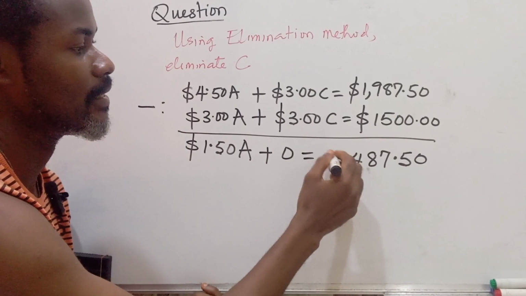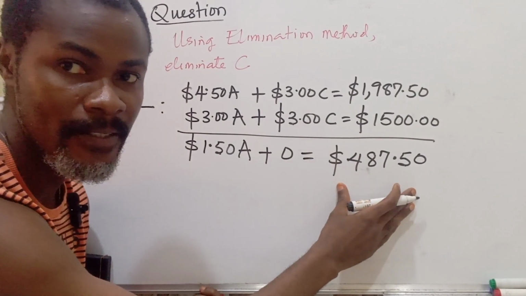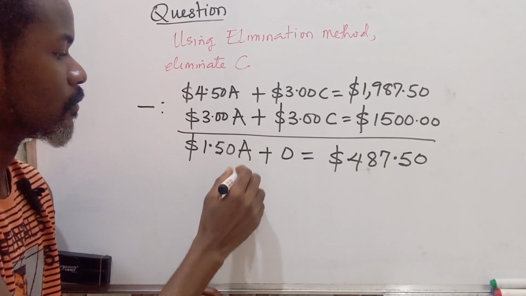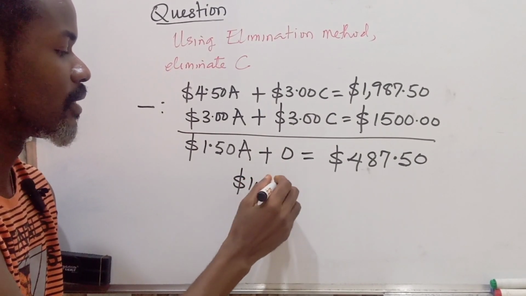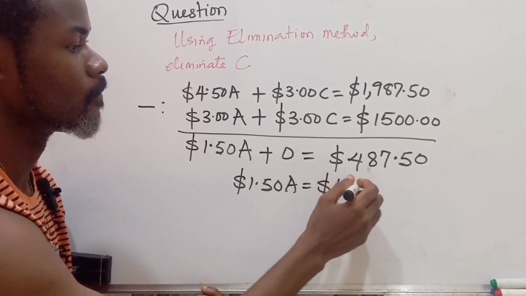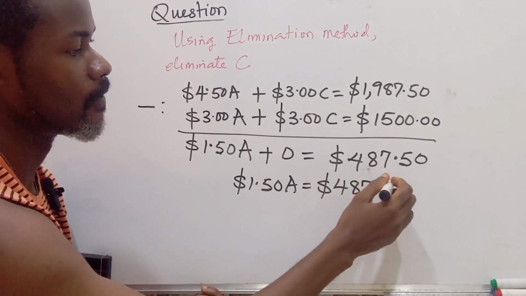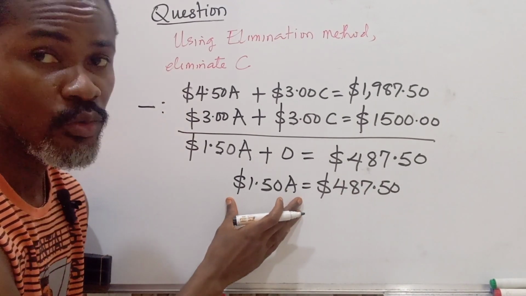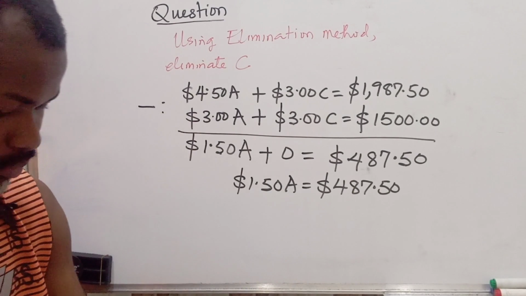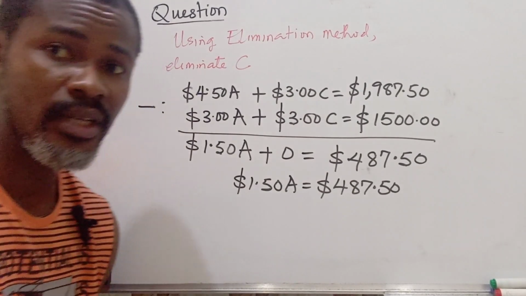So we have this value in dollars. So from this plus this, $1.50 times A is equal to $487.50. So how do we find the number of tickets for adults at this point?